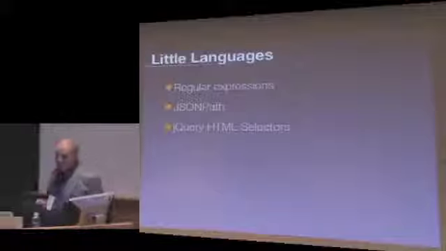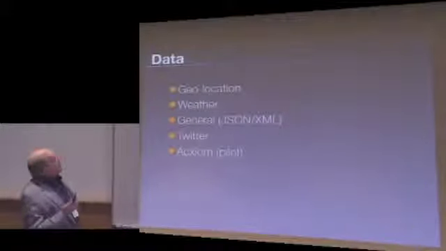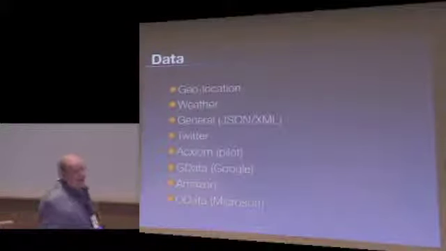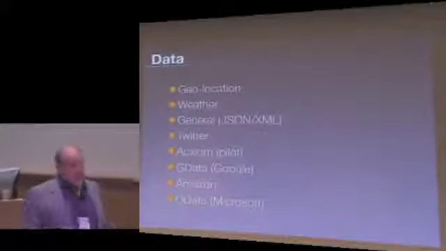HTML components. On the data side, we have things like geolocation and weather, general JSON XML reading from the web, Twitter. We've done a pilot with Axiom where we have Axiom data available on a permissioned basis through an OAuth front end.